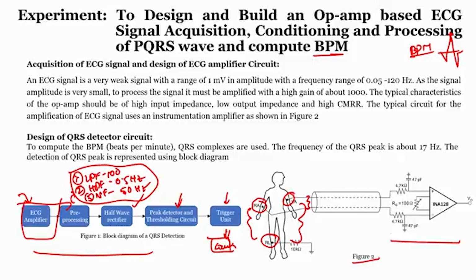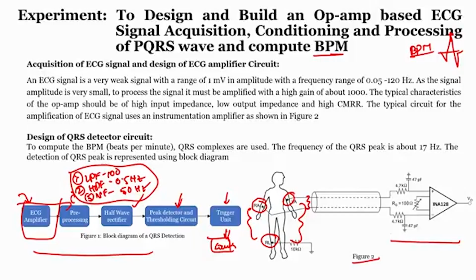If I can do all these conditioning circuits and processing circuits using operational amplifiers, it will be very great. Now, we will see how we can design all such things, how to extract the ECG signal from our human body, and how to visualize the signal in our CRO. Everything will be shown in this case study experiment.